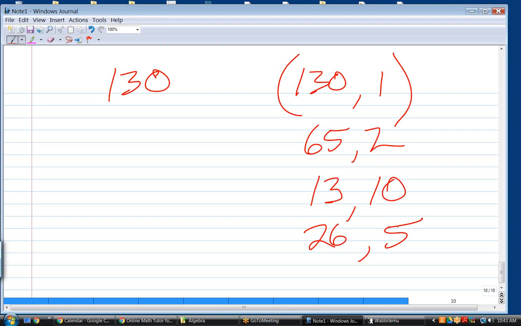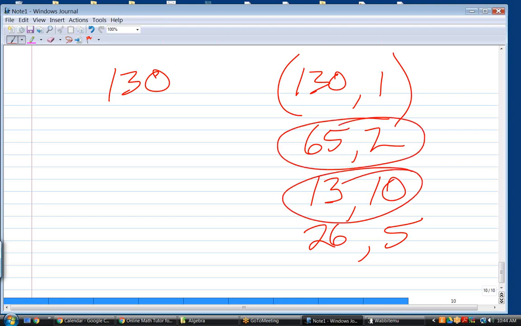I can't do anything else. I could cut that by 2 and double that, but that gives me that. I can't cut this by a third or a fifth or a seventh or anything else. So this gives me all my factors. Those are the factors of 130.